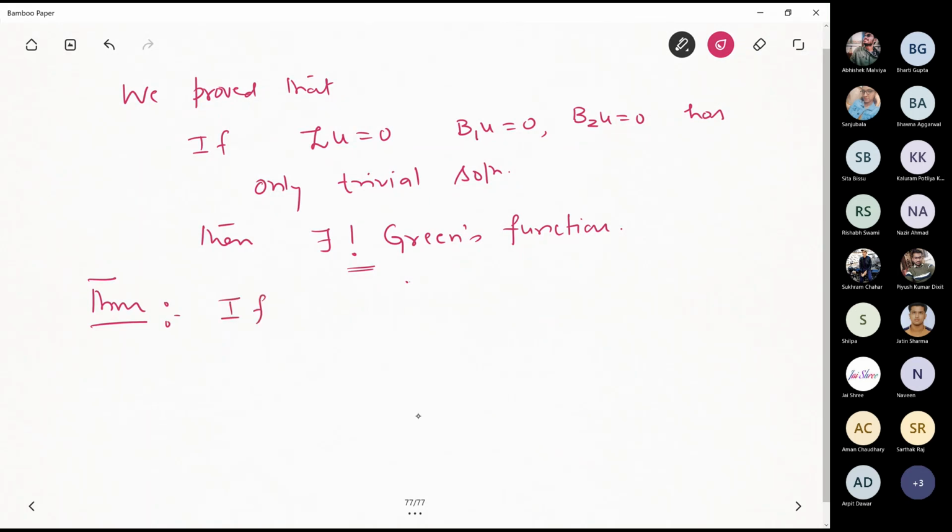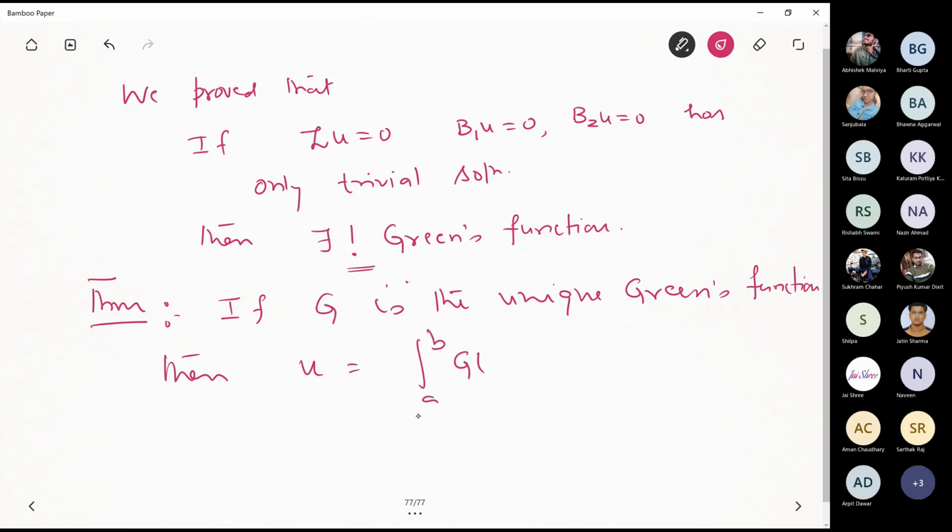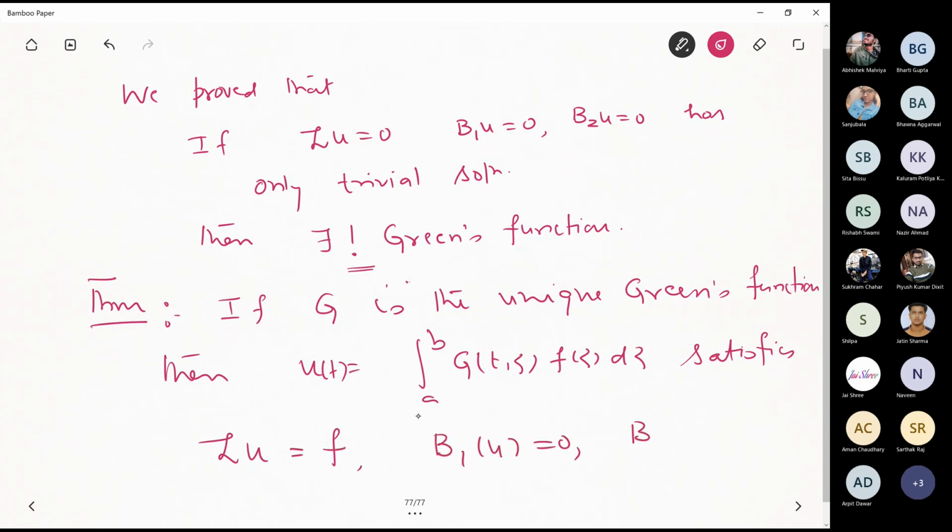If G is the unique Green's function, then u(t) equals the integral from a to b of G(t, psi) f(psi) d psi, and it satisfies the equation Lu equals f with b1 u equals 0 and b2 u equals 0.